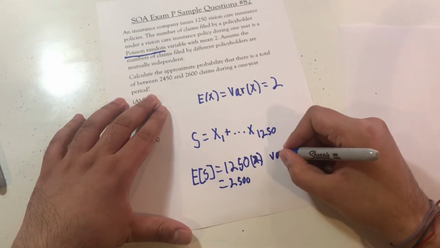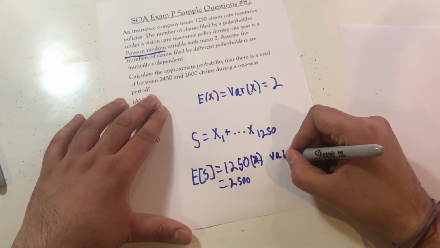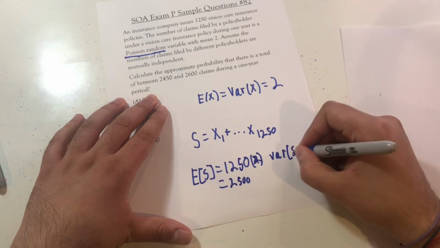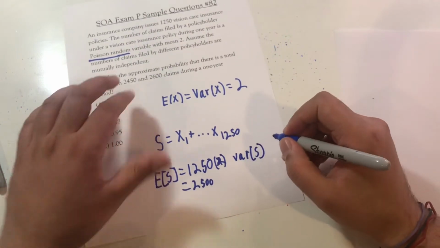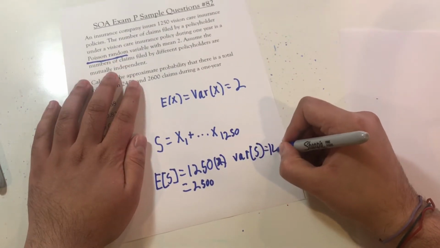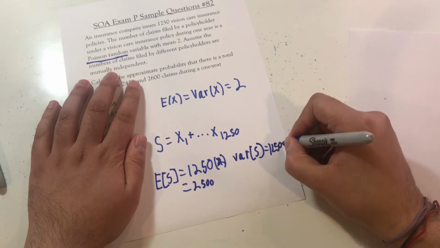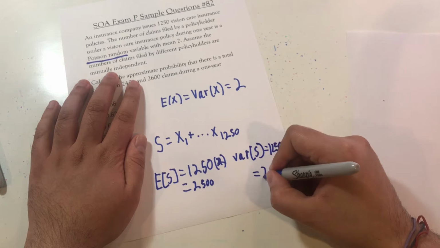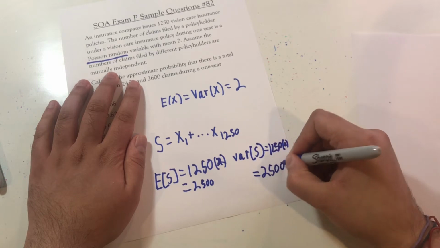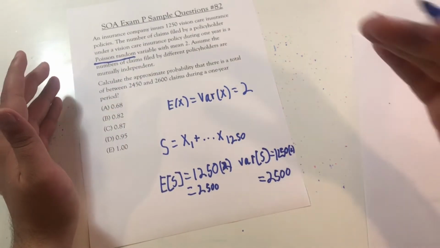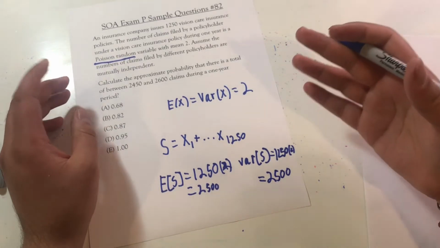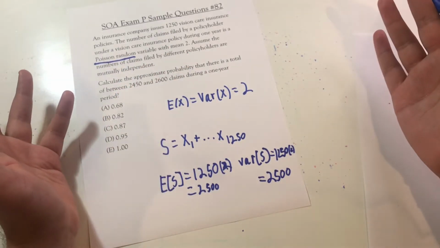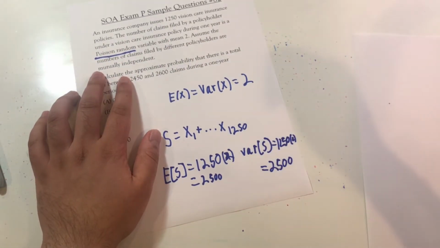Similarly, we can get the same result for variance, right? And like I said, because we're dealing with Poisson random variables, exact same thing: 2,500. So the expected value and the variance for the sum of all these vision care policies is 2,500.